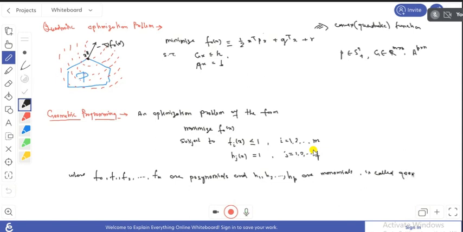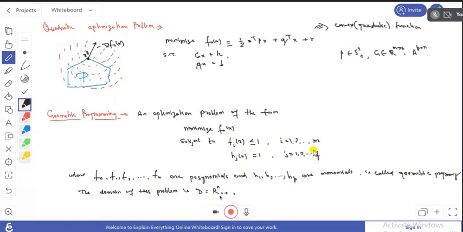And the domain of this problem is usually defined by D, which is positive definite, and the constraint is x is always greater than 0.